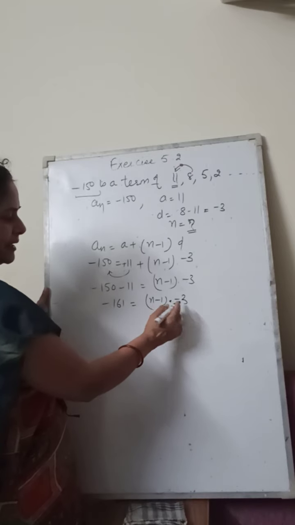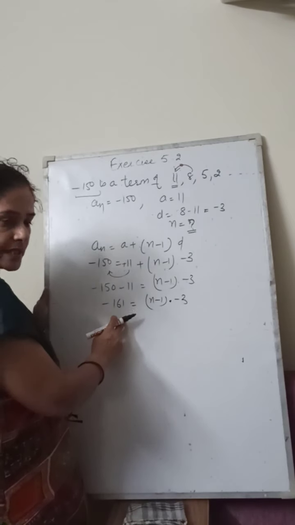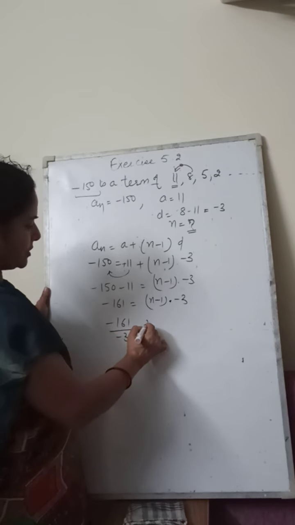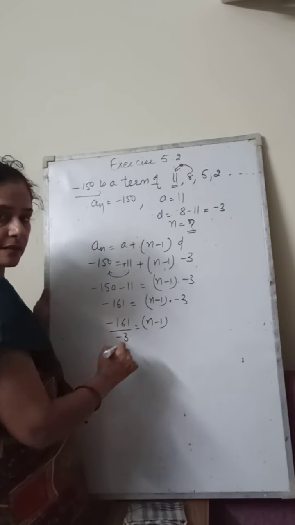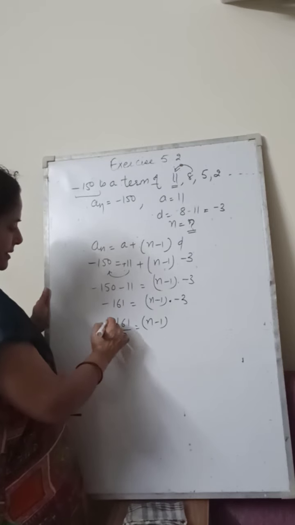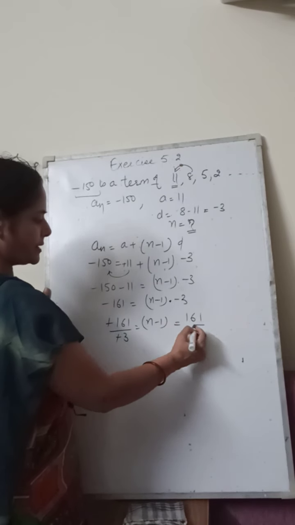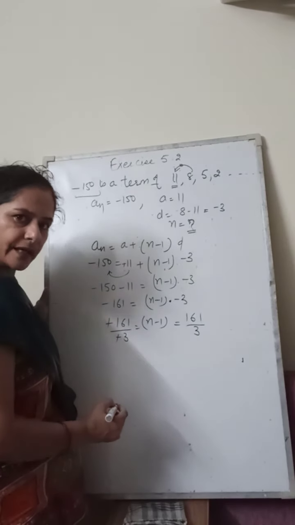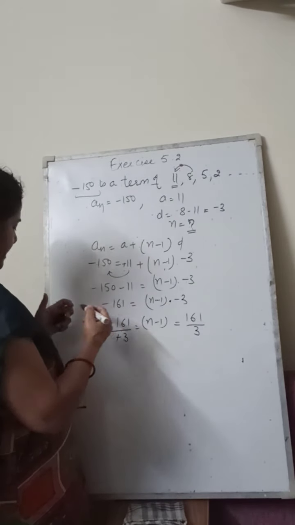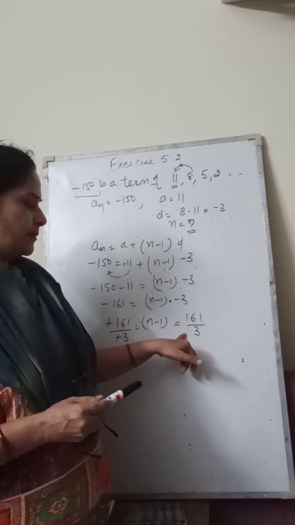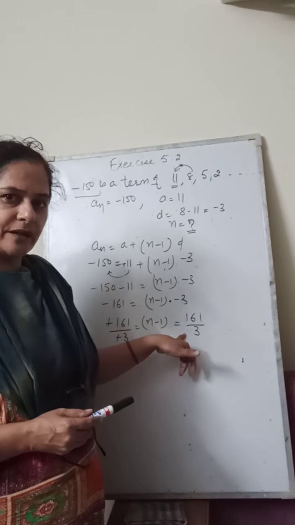Again this is a multiplier, so it will be divided on the other side. Minus 161 upon minus 3 is equal to n minus 1, minus and minus cancel, so you will get 161 upon 3. It means n minus 1 is equal to 161 upon 3, but we need to find what?